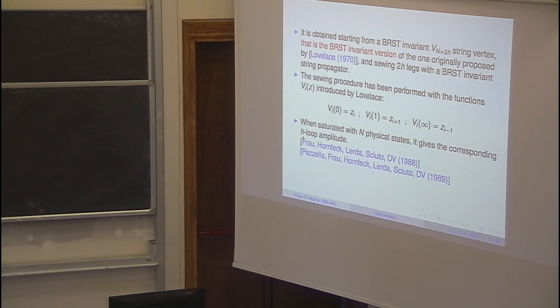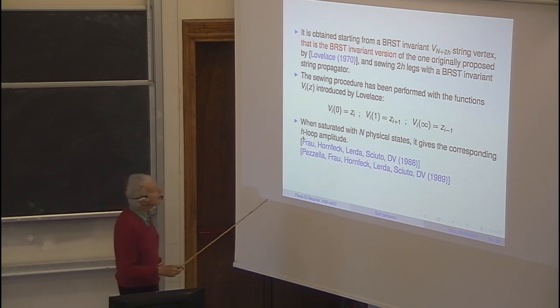You can do the same for the closed string. It's more difficult to understand why, because in the open string you have planarity, but you can do it in the closed string and there's no inconsistency. Now.